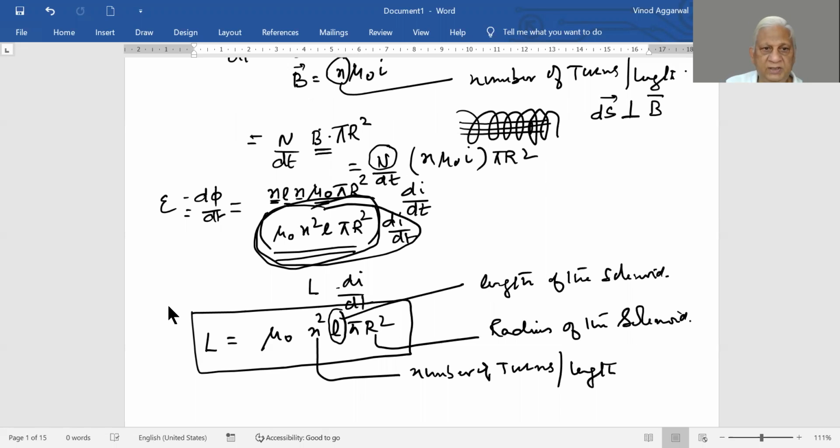So the equivalent of an inductor for a solenoid is given by this expression. This is the expression for the equivalent inductance of a solenoid.